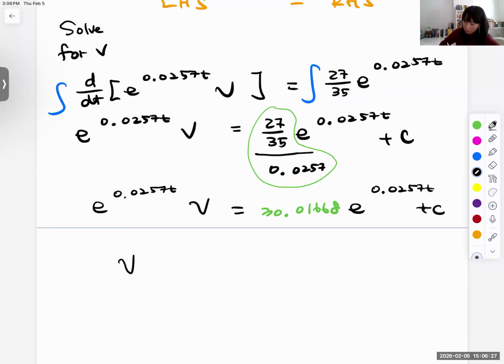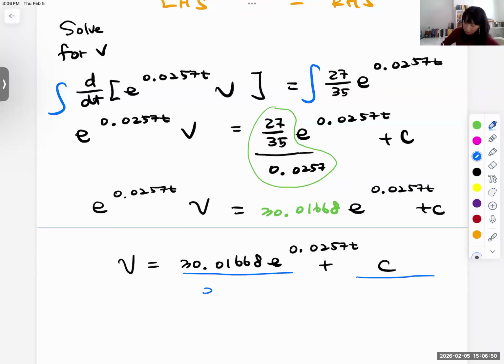So v will be 30.01668 e to the 0.0257t divided by every term, right?